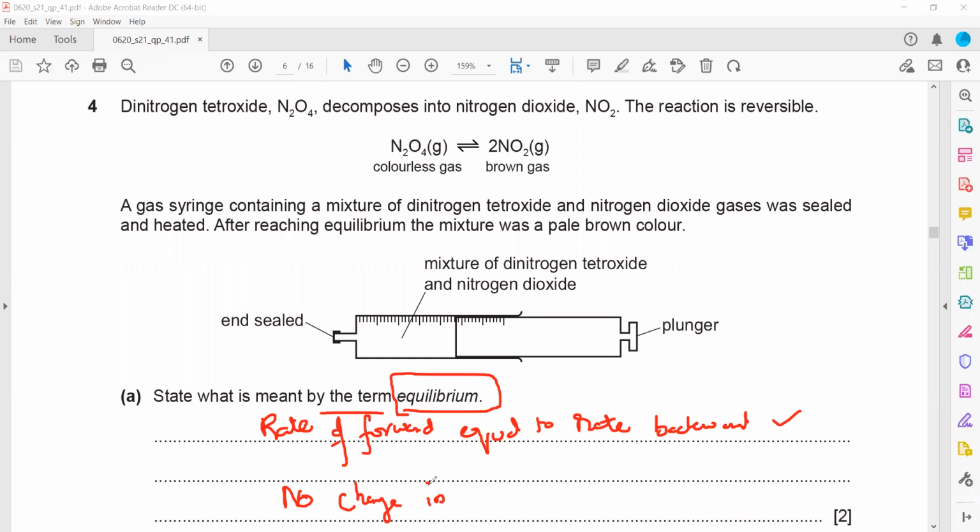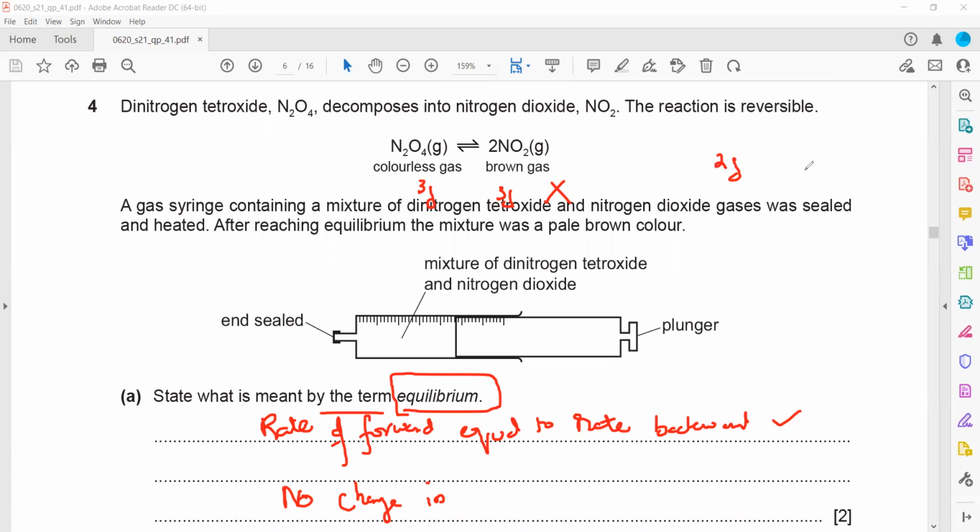But don't say the amount of reactant is equal to the amount of product. It's not like if I have 2 dm cube of this and 2 dm cube of this, or 3 grams of this and 3 grams of this. That does not mean equilibrium.